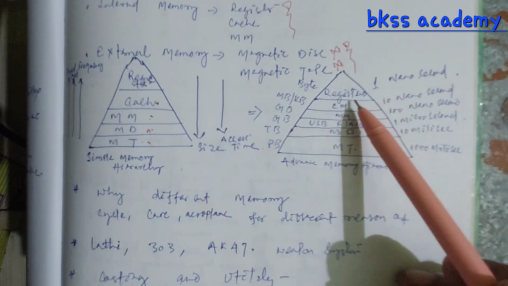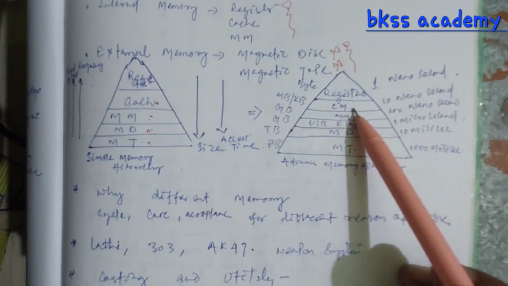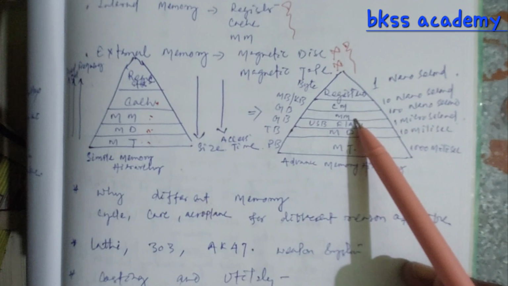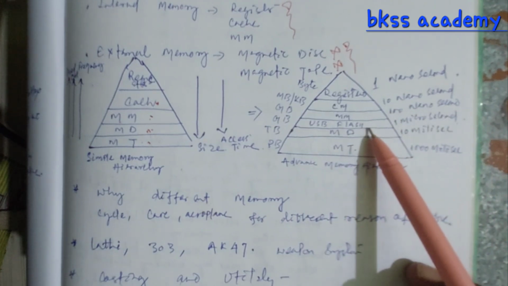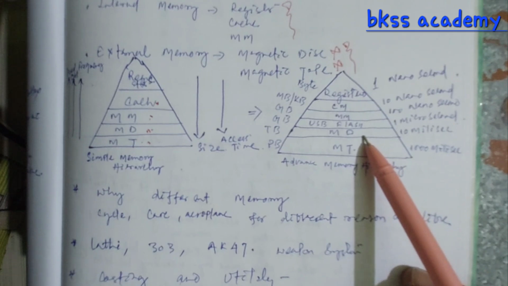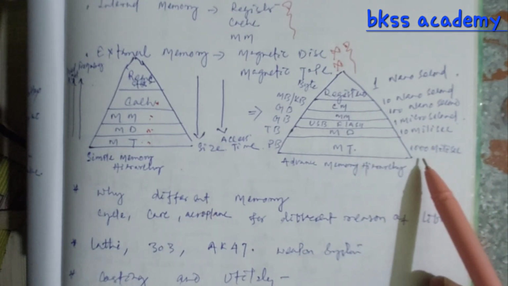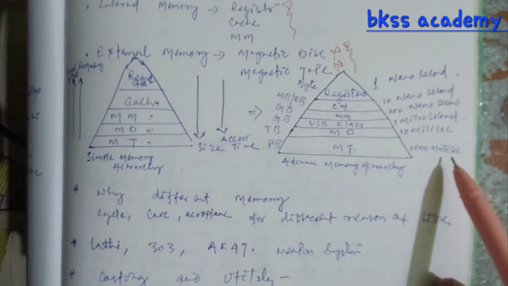Its speed will be like this: register 1 nanosecond, cache memory 10 nanoseconds, main memory 100 nanoseconds, USB 1 microsecond, magnetic disk 10 milliseconds, and magnetic tape 1000 milliseconds.